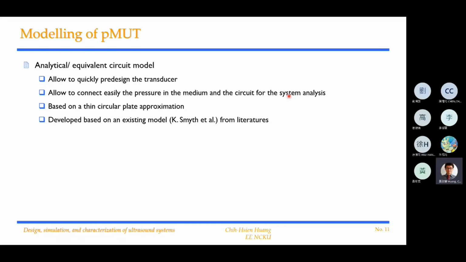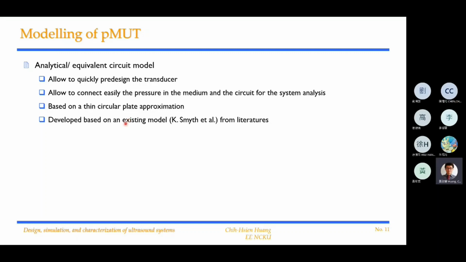Okay. And the model we are going to introduce here is for the thin circular plate approximation. I think in all analytical models, first you have to define the physical definitions you want to simulate.